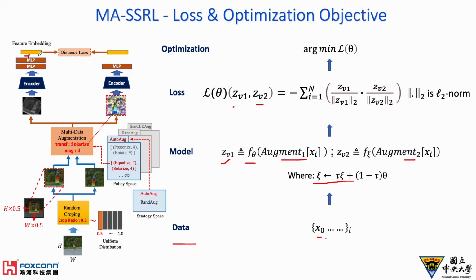After the output of the MLP, we perform normalization using the L2 norm, and then we compute the cosine similarity of these two latent embedding vectors in a vector space. Our objective is to minimize the negative cosine similarity between the two latent embedding vectors, and we optimize the neural net with the learnable theta parameters here.